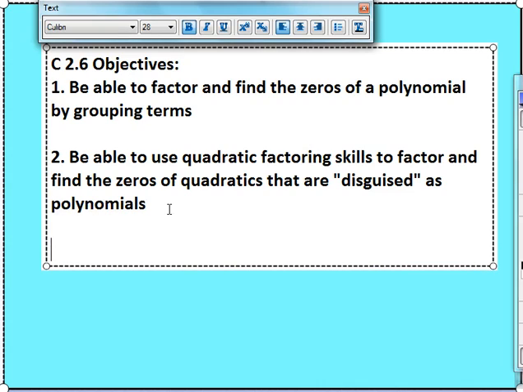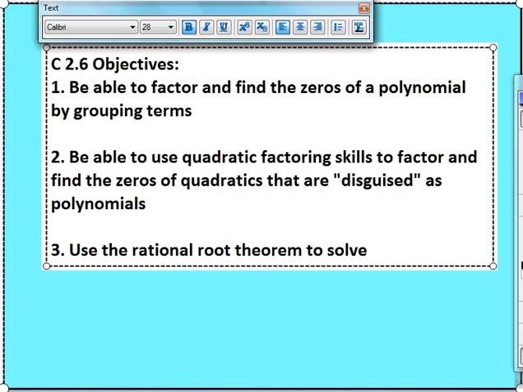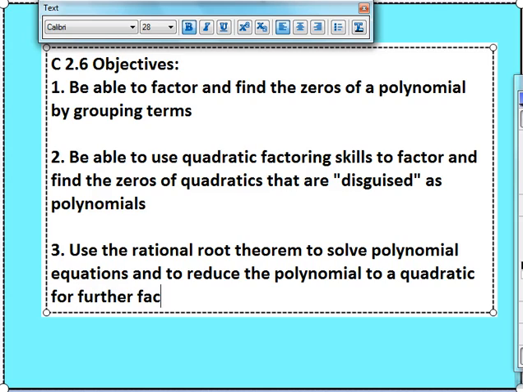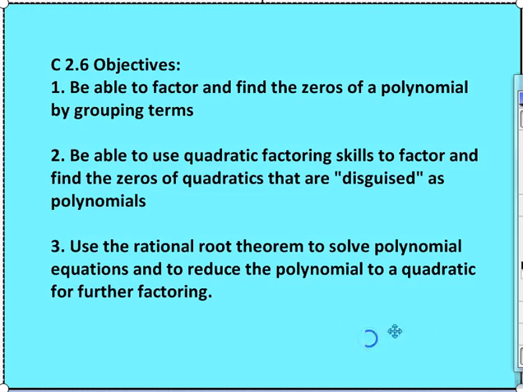And the last one I'm going to add here is we want to use the rational root theorem to solve polynomial equations and to reduce the polynomial to a quadratic for further factoring. Those are our objectives for today.